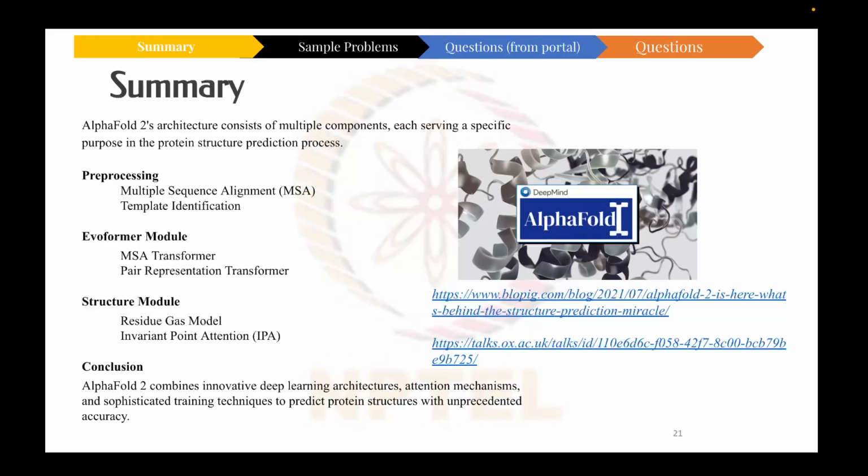Yes, please. Sir, DeepMind that you are talking about now, and the previous one is PDBparam that you spoke about before. Is DeepMind more advanced than PDBparam? Here, PDBparam is a structural analysis tool. AlphaFold is a structure prediction tool.